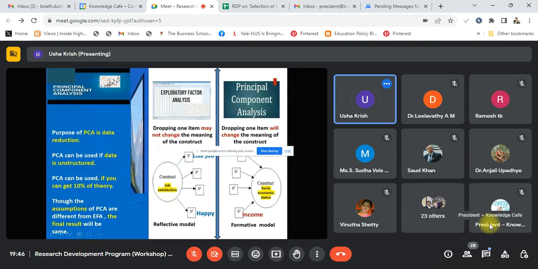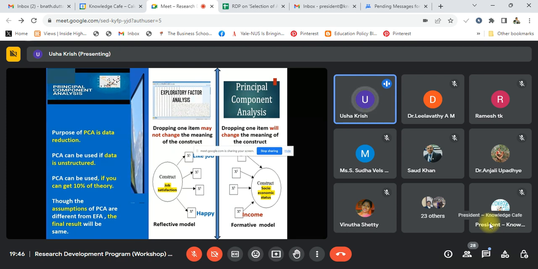Now, we come across one more data reduction technique, that is principal component analysis, or we call it as PCA. Here, though the purpose of PCA is same as EFA, we find a difference between PCA and EFA.